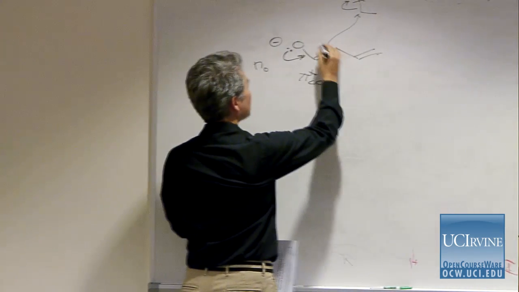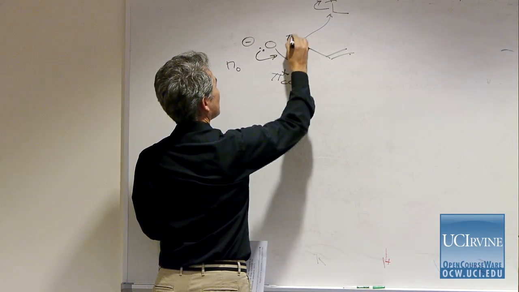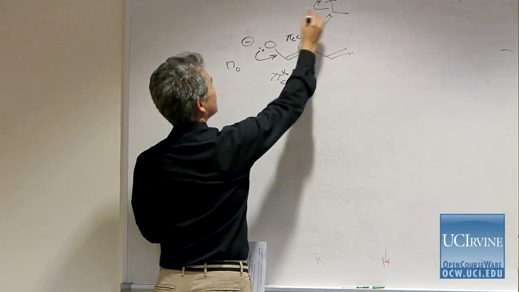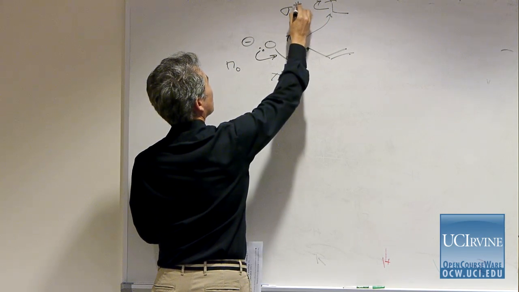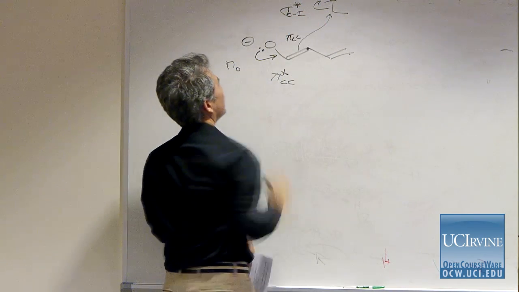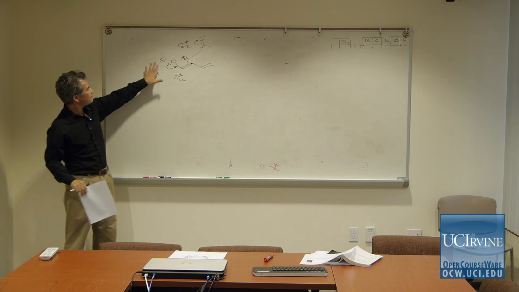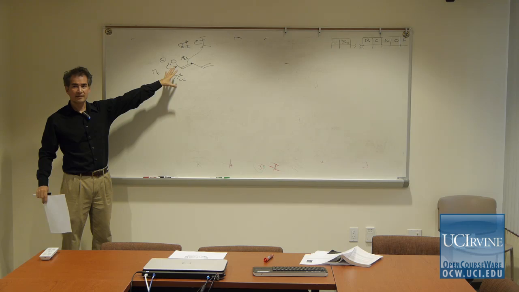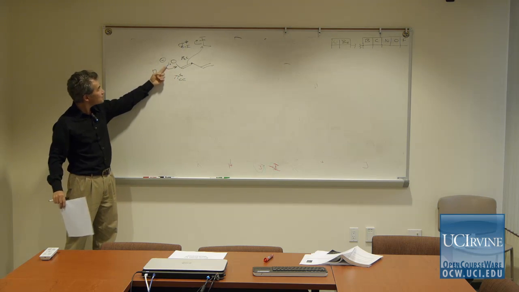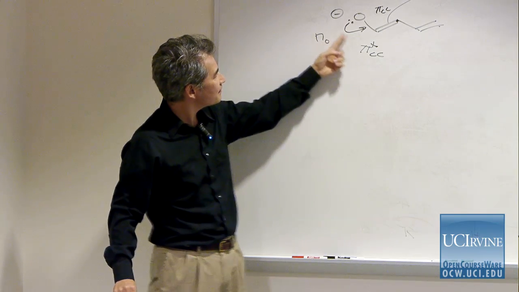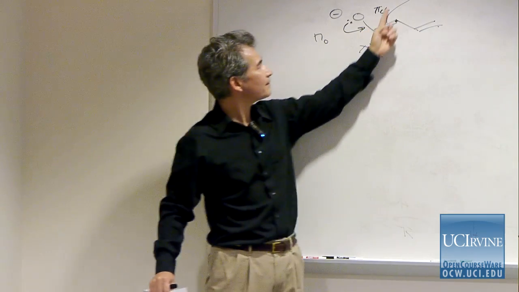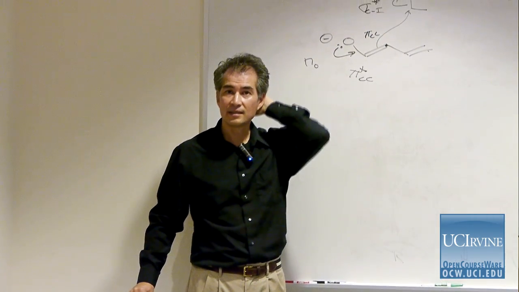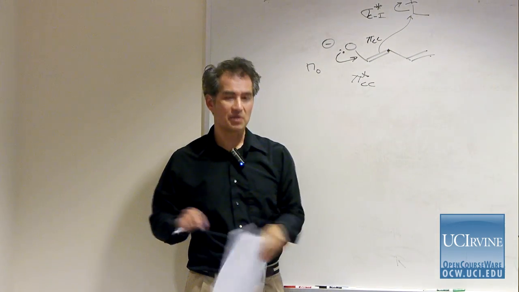Likewise, I have a filled orbital here, this pi orbital between two carbon atoms, that's donating into a sigma star orbital between a carbon and an iodine. So even without these fancy-looking labels, this mechanism is correct. I know that it's at least plausible because I've drawn the interaction of a filled orbital with an unfilled orbital, twice. This is the intent of arrow pushing.